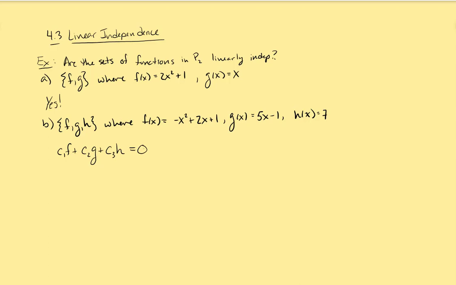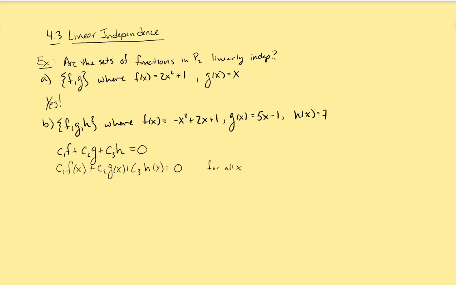Or if we can find a solution C1, C2, C3 so that that equals the 0 function. And once we find that solution, we can figure out the answer to the problem based on that solution. So let's write down what this equals at a general x value. This means C1 times f of x plus C2 times g of x plus C3 times h of x would equal 0 regardless of the x value, for all x.